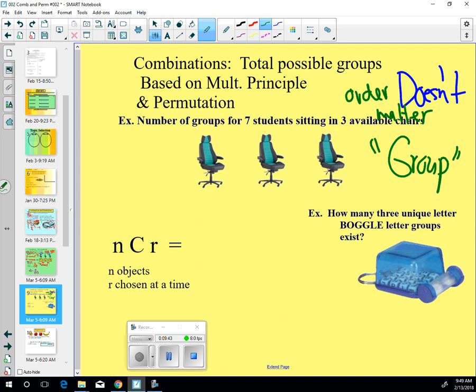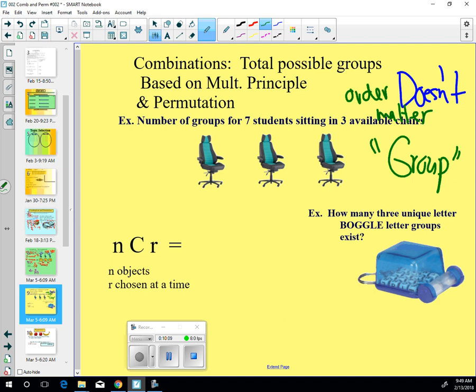How many ways could I arrange those 3? 6. Because 3 could sit here, then there'd be 2 here, and then there'd be 1 here. 3 times 2 times 1 is 6. How many groups of these 3 are there? There's only 1 group. Doesn't matter how I place them, they're still going to be the same. Well, if there's only one, how many ways could we arrange these three so they're still the same group?